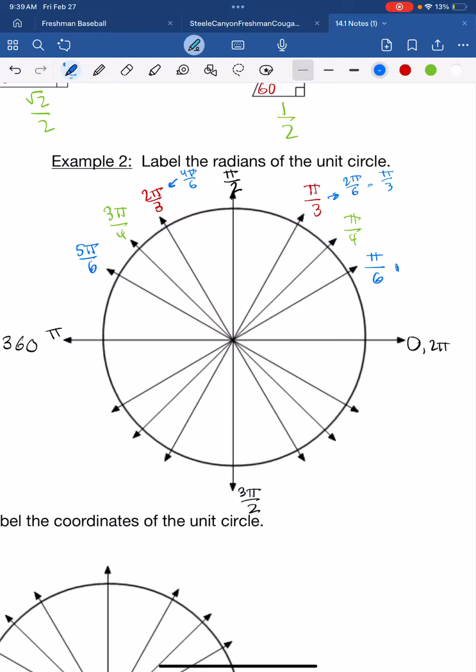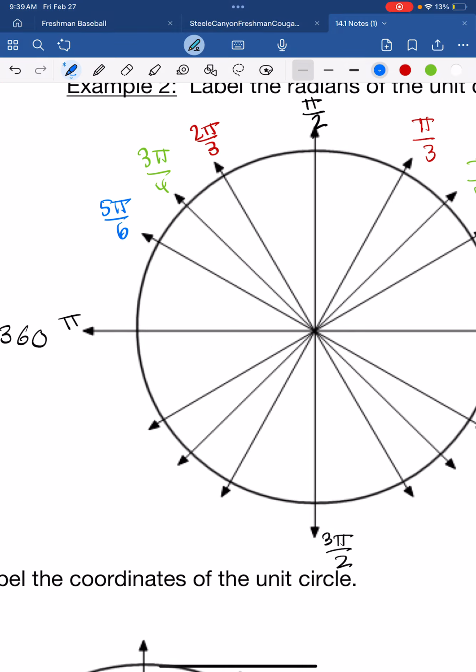So we can reduce 2 pi over 6 and 4 pi over 6, and that's how we're getting these pi over 3 marks. So let me erase that real quick. And that's how we would continue all the way around the rest of our unit circle.